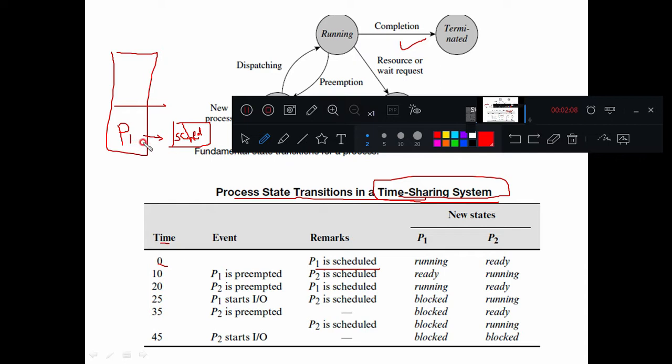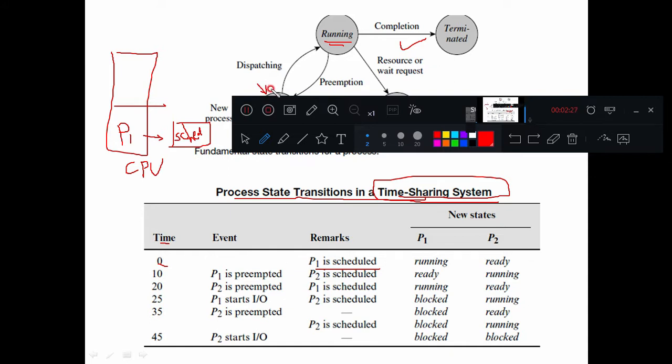So once P1 is scheduled, what is the status of P1 here? Scheduling means allocating the CPU to that particular process. So what will be the state of P1? It is running. Initially it is ready, it was waiting for the CPU.